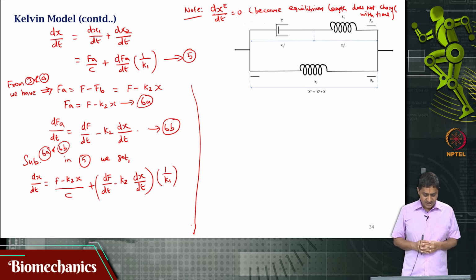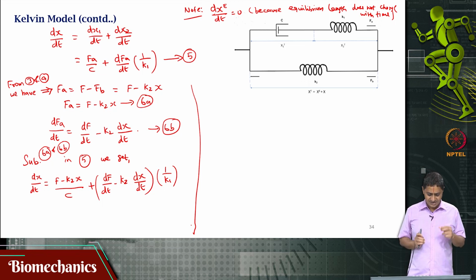Because in this expression I have dx by dt is F minus K2x by c plus dF by dt minus K2 dx by dt times 1 by K1. There is no x1, there is no x2, there is no Fa, there is no Fb. So, I think I have reached my goal, except that there is some challenge. The challenge is F is present everywhere, and in particular x is present everywhere. dx by dt is present both on the left hand side and the right hand side. x is present on the right hand side.